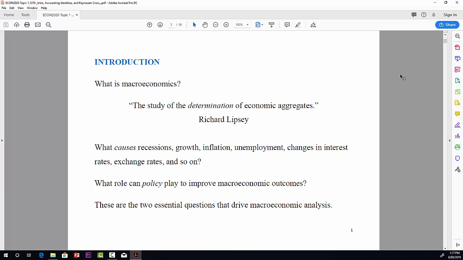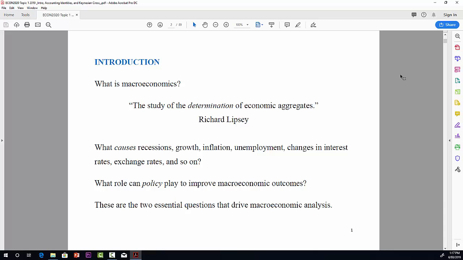But the one that I found that's particularly relevant and meaningful is by Richard Lipsey, who's a famous economist. He describes it as the study of the determination of economic aggregates. So really what causes economic aggregates like output, unemployment, inflation, and so on. I don't expect you to memorize this definition, but I think it's a good place to start.